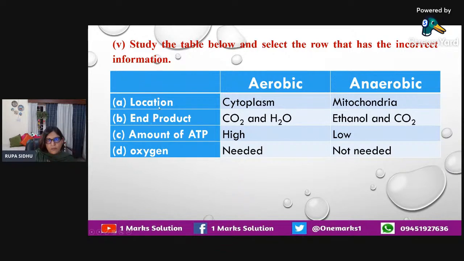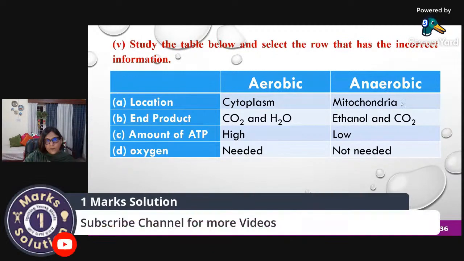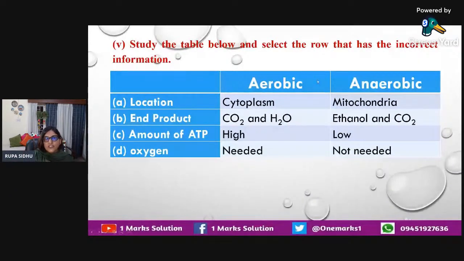Location: aerobic respiration takes place in the cytoplasm, anaerobic, mitochondria. See, this is incorrect. The first step, glycolysis, takes place in the cytoplasm, after which aerobic respiration takes place in mitochondria, whereas anaerobic respiration occurs in the cytoplasm itself.